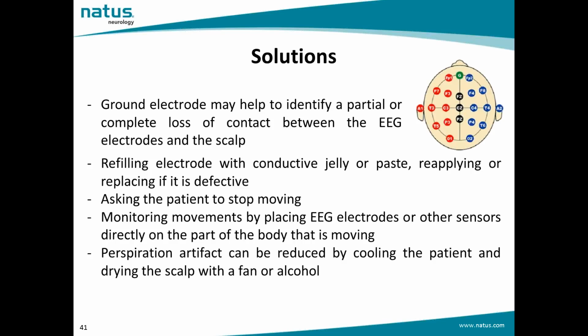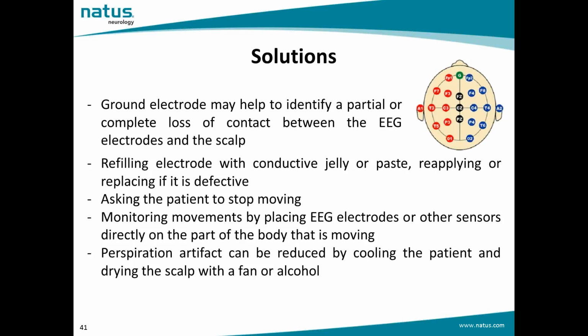If the ground electrode has been placed near the eye, then eye movement artifact will appear in the channel of the amplifier. This is the reason why the ground electrode should be placed at FPZ. Such recordings are referred to as ground recordings.